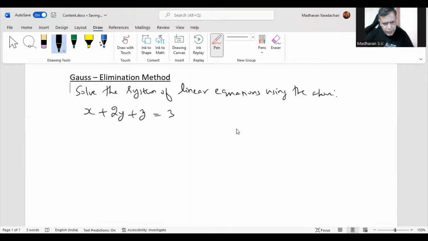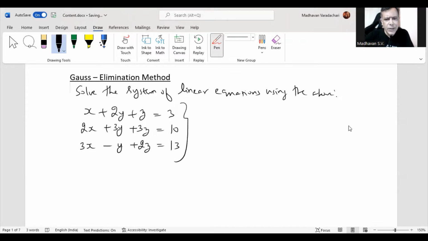And then the second equation is 2x plus 3y plus 3z equal to 10. Third equation, 3x minus y plus 2z equal to 13.